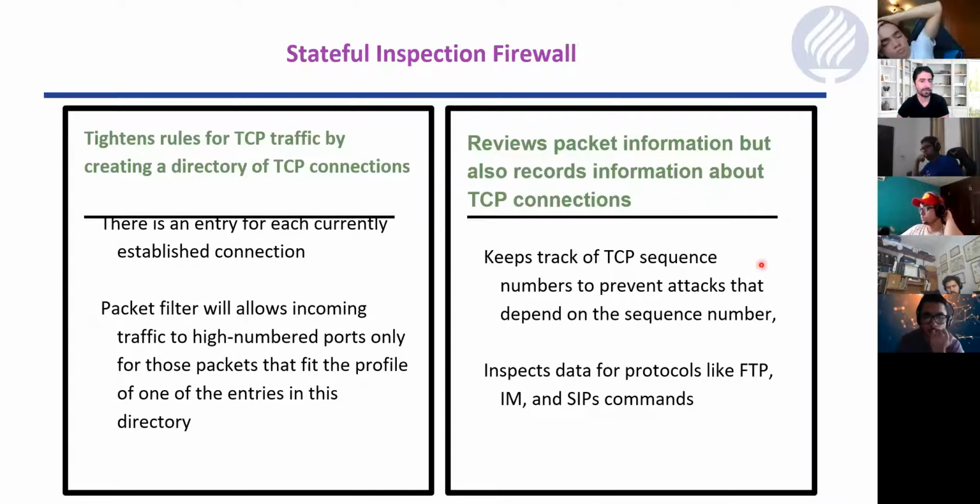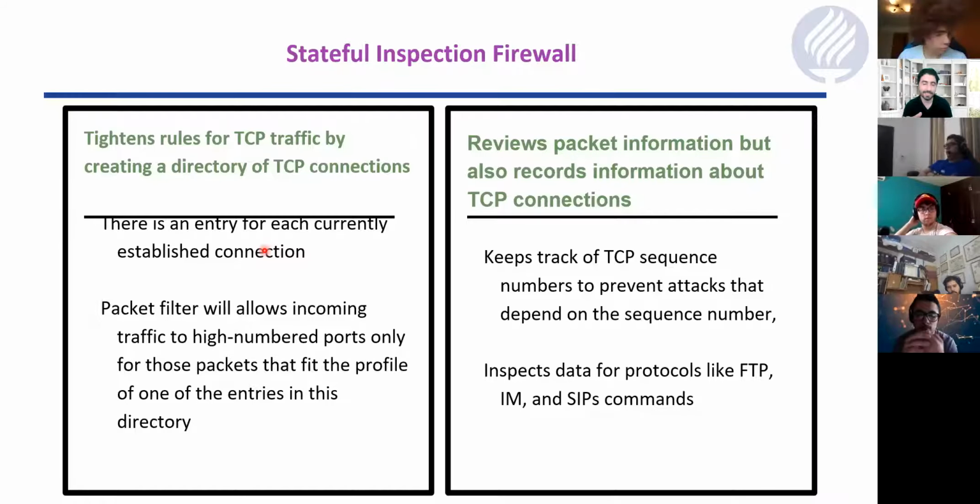Again, I can continue with this. Talking about stateful inspection firewalls, you have one entry for each currently established connection. For example, you have an established TCP connection between two different applications in your internal and outside network, and they are communicating with each other.